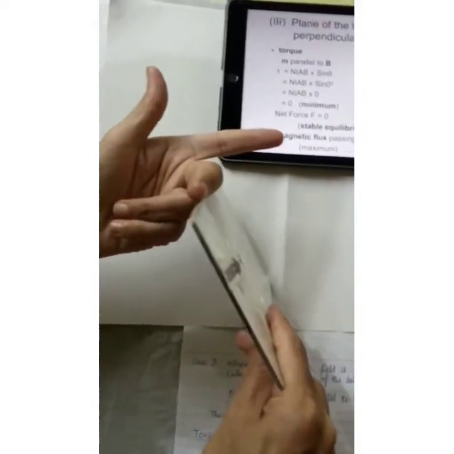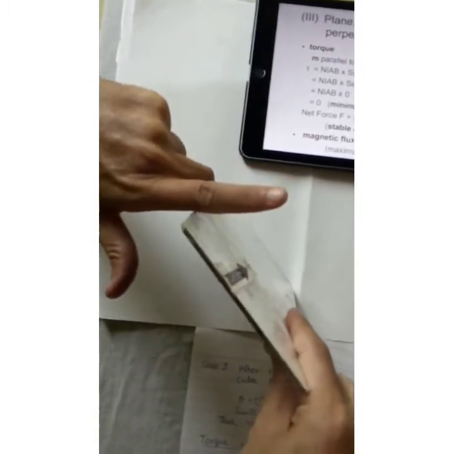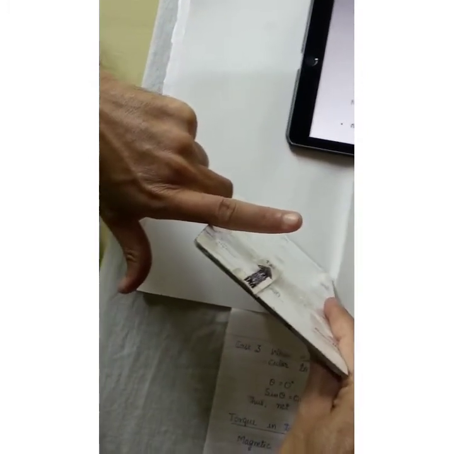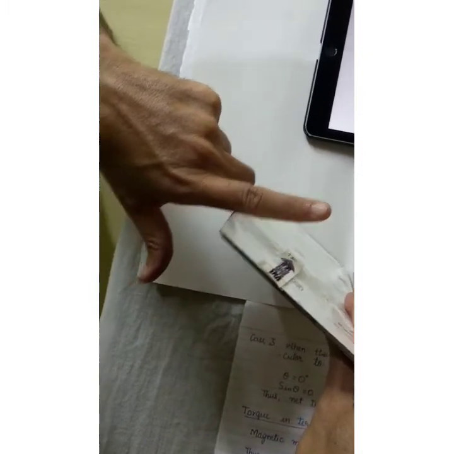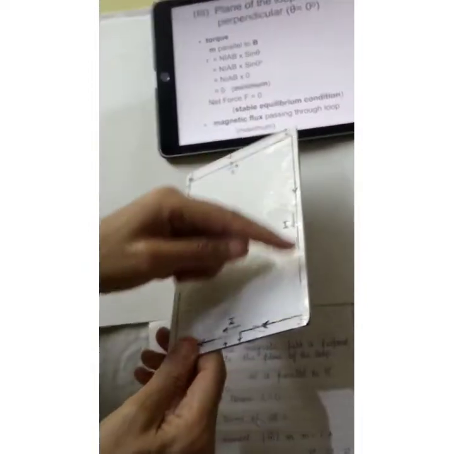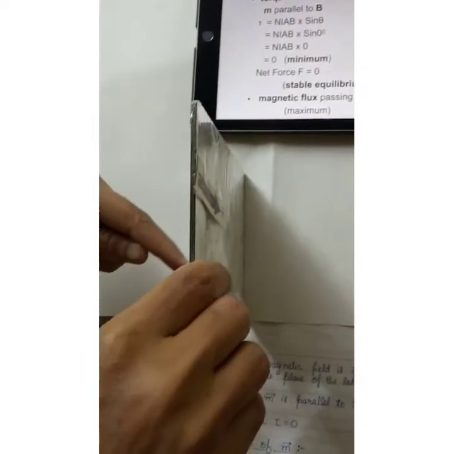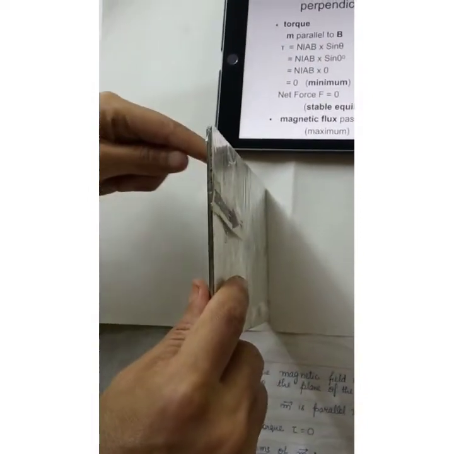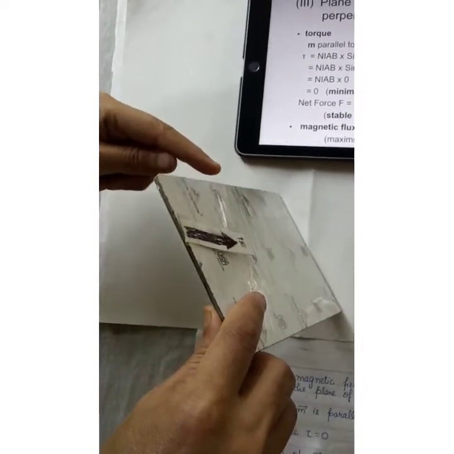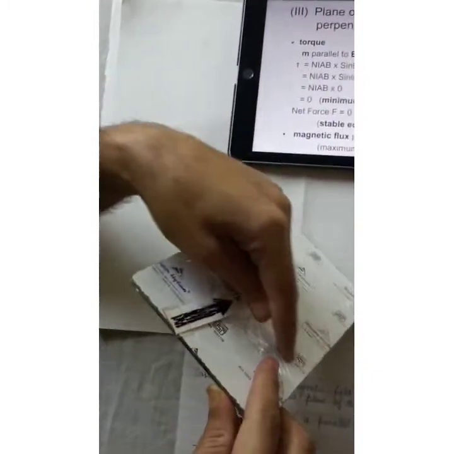After this, the direction of the current changes and the force becomes downward. The current was moving clockwise like this. When it becomes vertical, the current becomes again opposite.